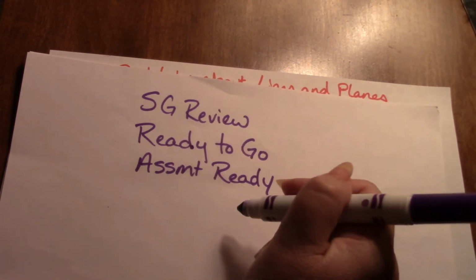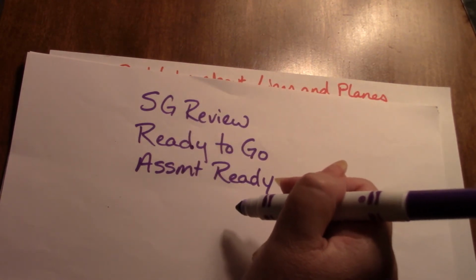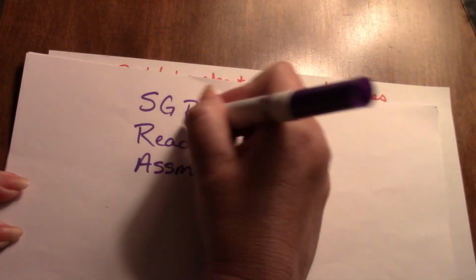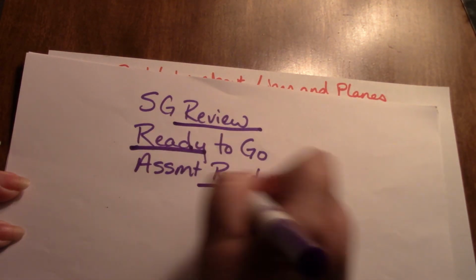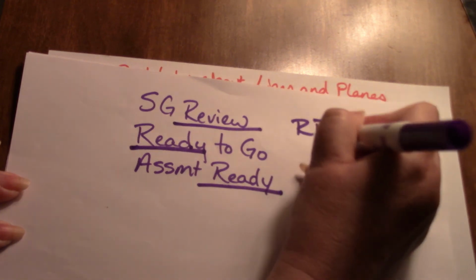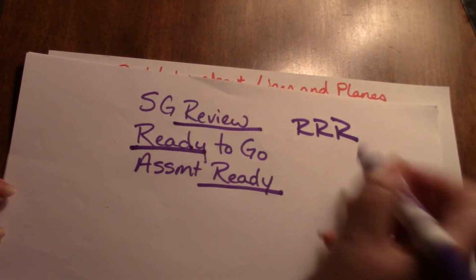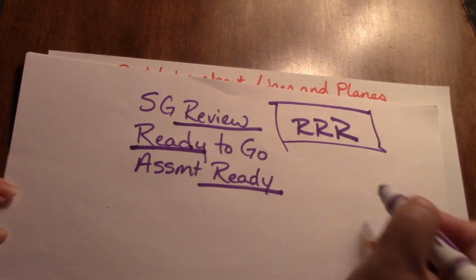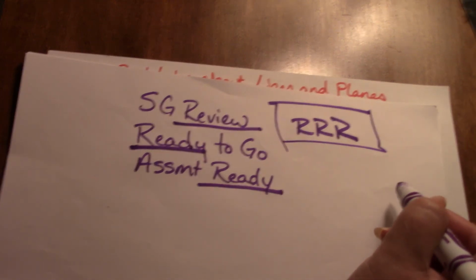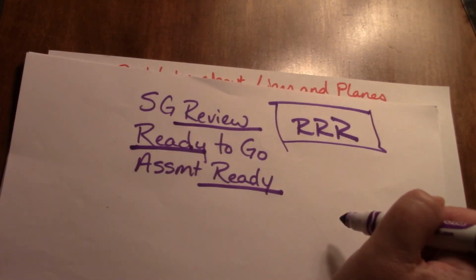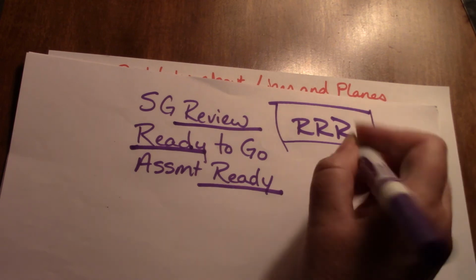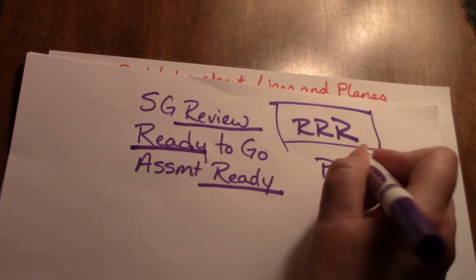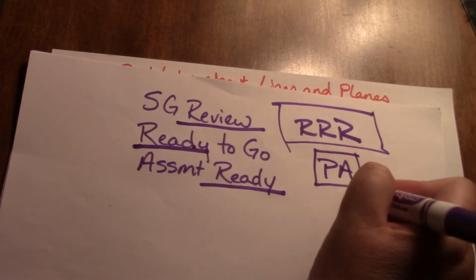So overall, it's not a lot of questions, and we're going to call this RRR. Every time we get to the end of a module, I'm going to ask you to do RRR one day, and I'm going to ask you to do the performance assessments of all of the sections one day.